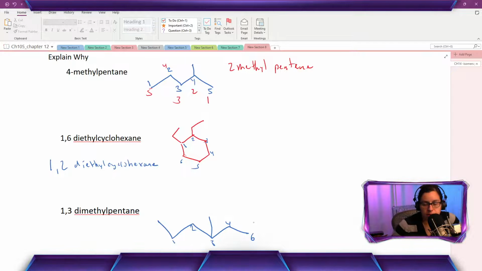What do we just do here? What's really my longest carbon chain here?